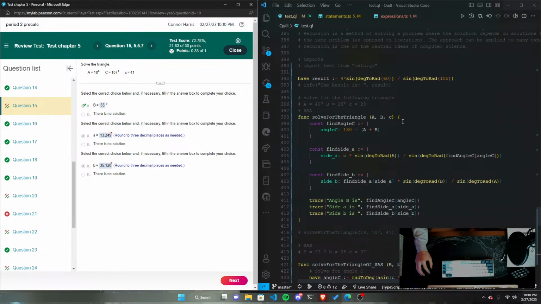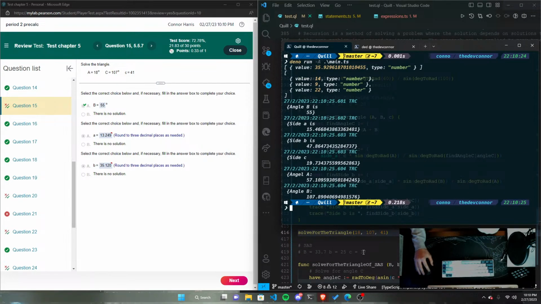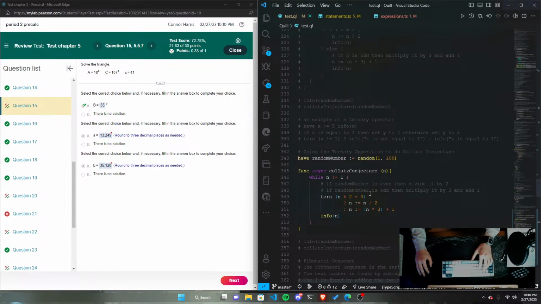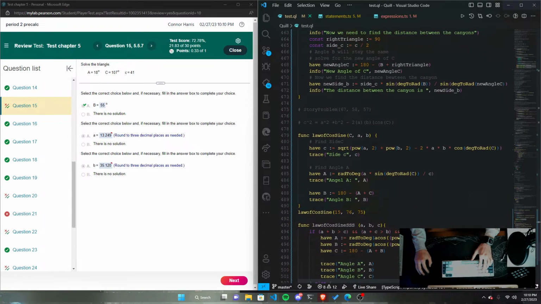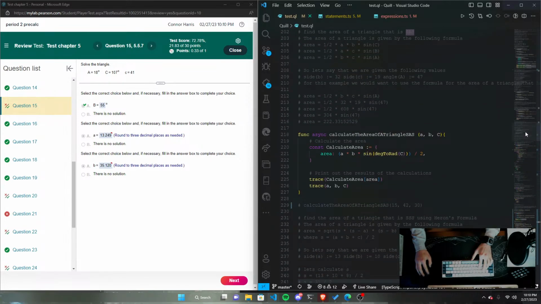So B over sine of B equals C over sine of C, which you know what those are. So that means B is C times sine of B over sine of C. God, it's hard without writing it down. Yeah, I think it'd be like that.